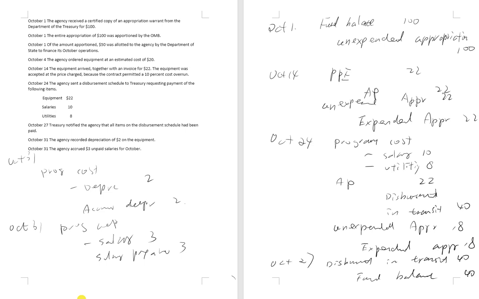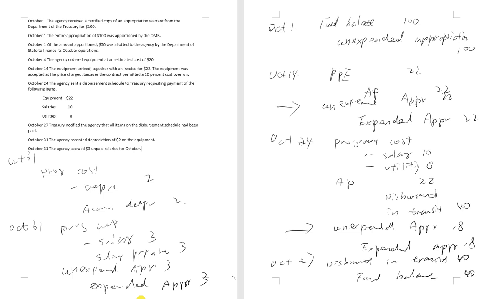We did it twice here, and we're going to do it again. So we're going to debit unexpended appropriation, $3, and then credit expended appropriation, $3. Right? All the journal entries, we have done all the journal entries.